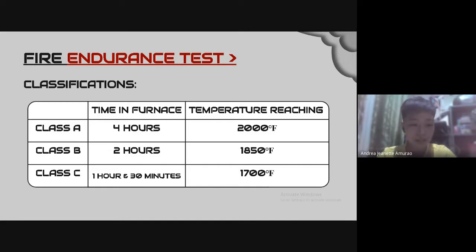And for class C, the time in furnace is 1 hour and 30 minutes, and the temperature reached is 1700 Fahrenheit. This is done when the test sample has completed the required period of time. It remains in the furnace for the required period of time. The fire is then extinguished and the sample is cooled without opening the furnace.